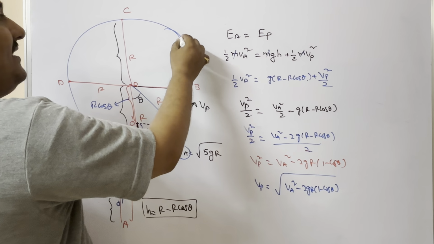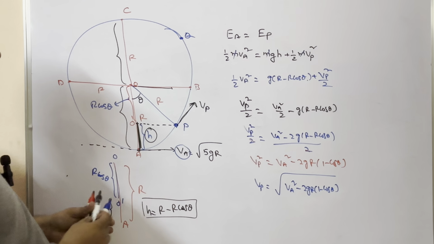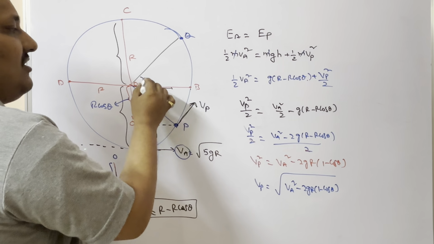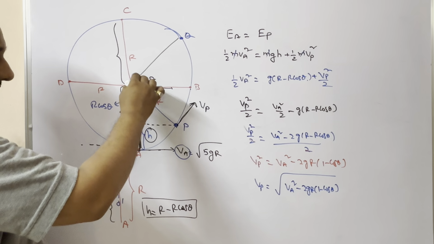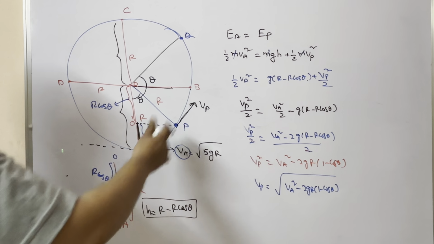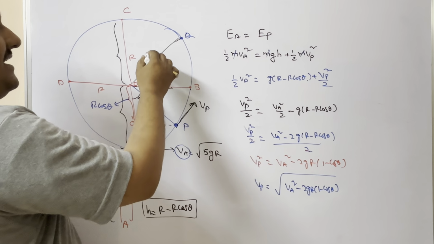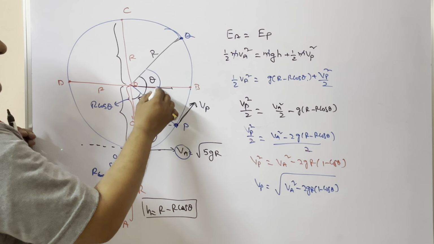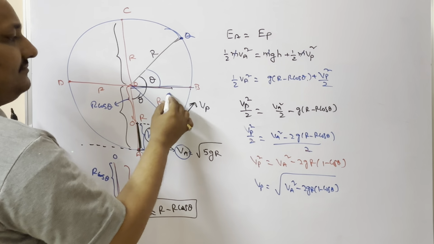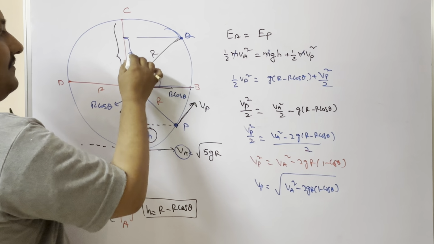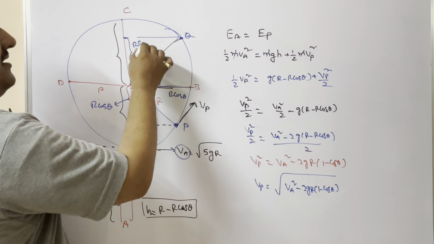Sometimes this point they give here as Q. What is the velocity at point Q? They will give at that time some angle it is going to make with this horizontal, theta. At that time, you should take the total angle, how much? 90 plus theta. How much height is it going to be raised? Here it is going to be r. If it is theta, then this is going to be r cos theta, and this is going to be r sin theta.